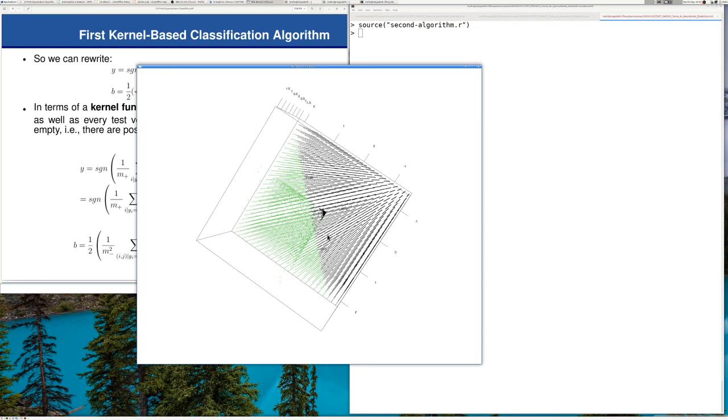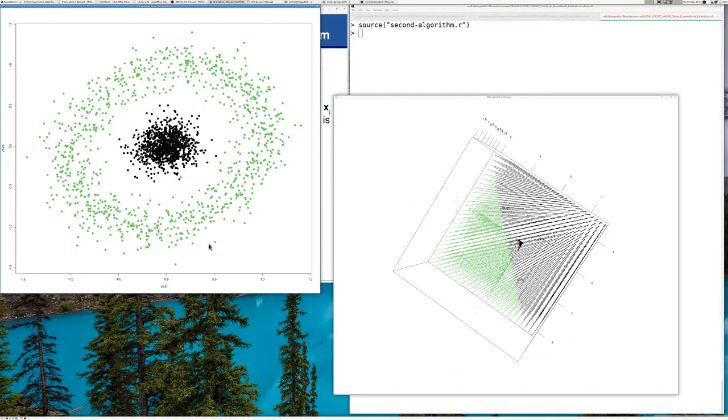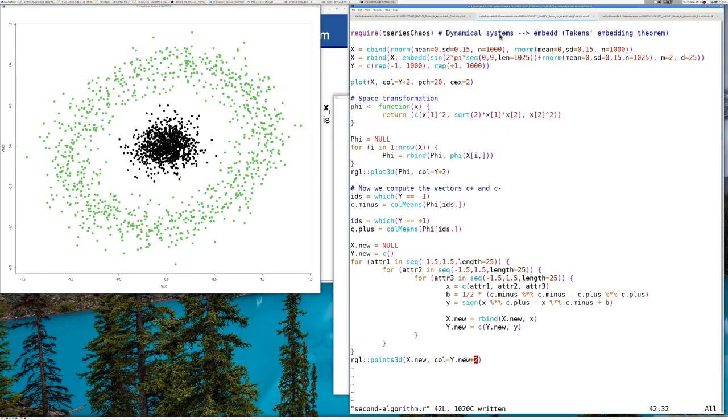So interesting. You see, I'm cutting here. So if my original space is not enough to come up with a solution, I can apply a space transformation. In my case, the space transformation leaves the two-dimensional space and goes to the three-dimensional space.